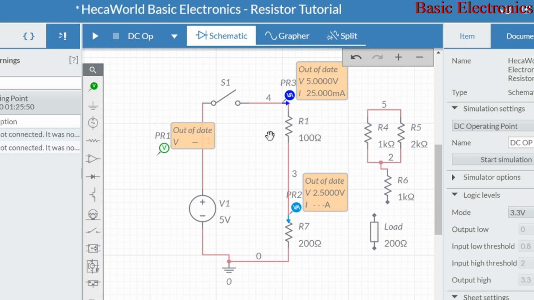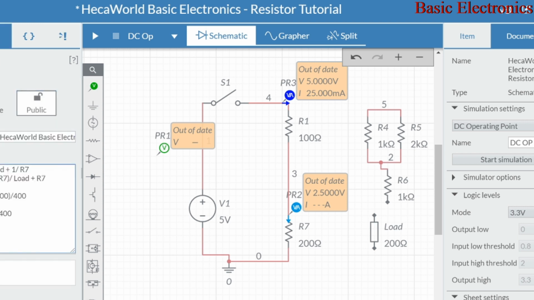If I close this circuit and run a simulation, I will get a value that is equivalent to 300 connected across a load of 5 volts. According to Ohm's law, V is equal to IR. So let's look at Ohm's law.